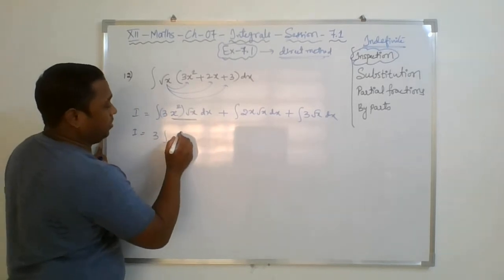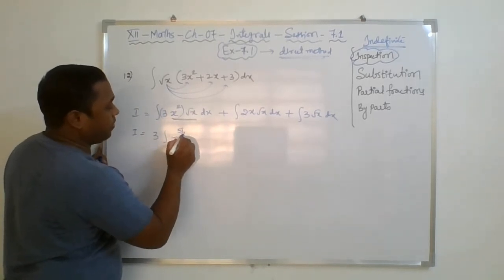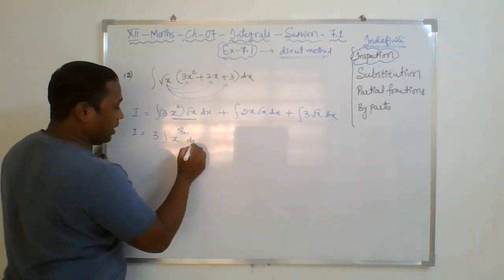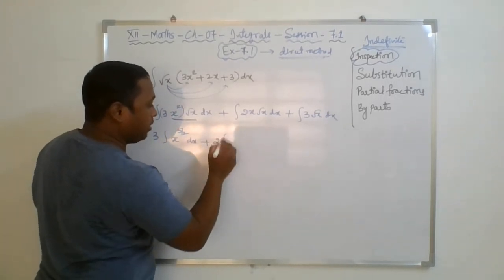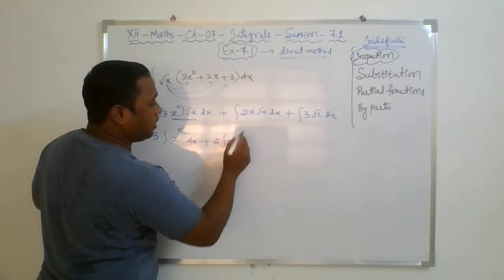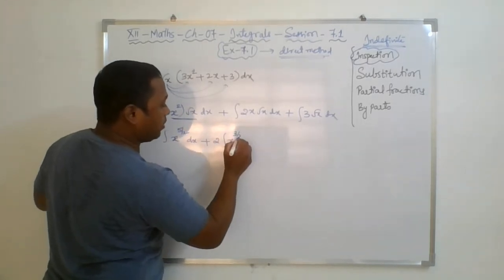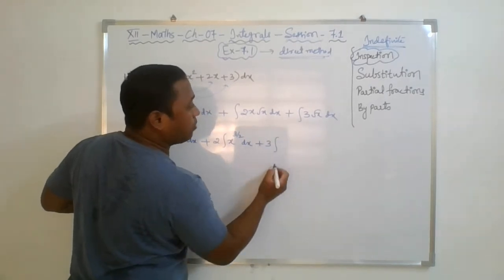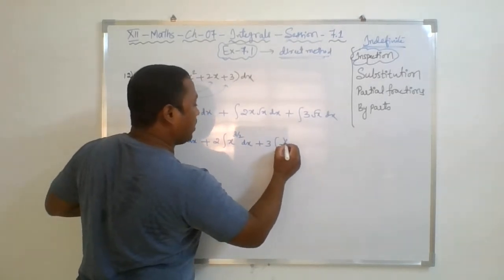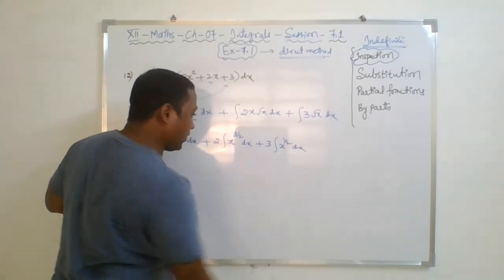So 2 plus 1 by 2 is what? 5 by 2 into dx. Since here 2 is a constant, keep outside and then add the powers. 1 plus 1 by 2 is 3 by 2 dx. 3, since constant, keep outside, we are left with x to the power of 1 by 2 dx.